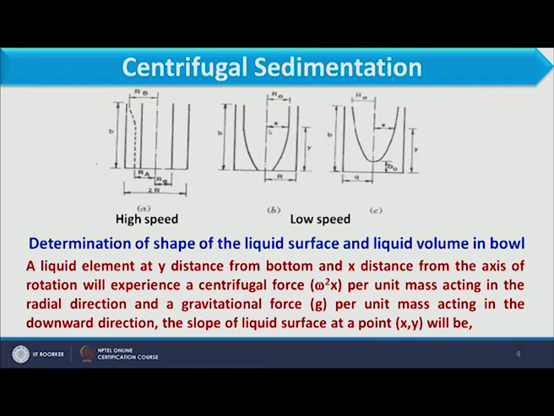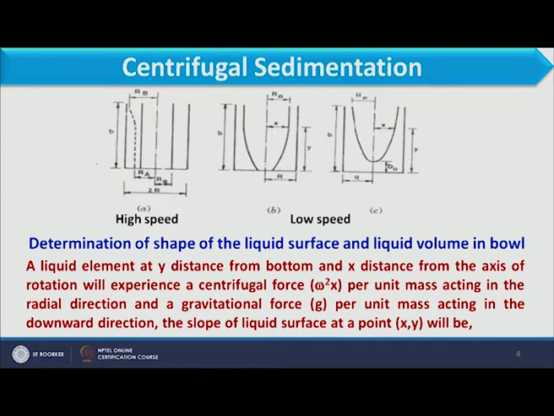Now, if we have the x distance and y at this point, any liquid element available will experience omega square x centrifugal force per unit mass in the radial direction. As we have discussed, the centrifugal force will act in the radial direction. So, at this particular position, the centrifugal force per unit mass is omega square x.